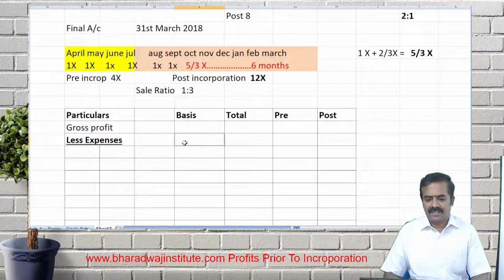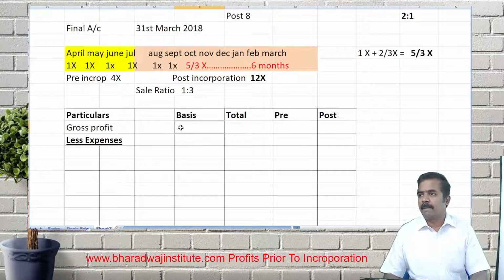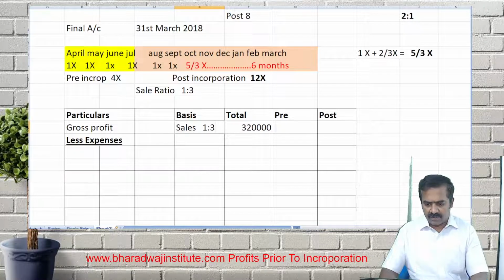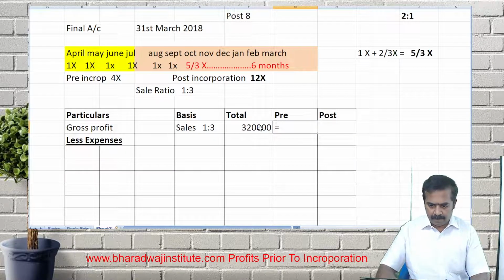Shall we start? What is the gross profit? 3,20,000. It will be in sales ratio. What is the sales ratio? 1:3. How much? 80,000.